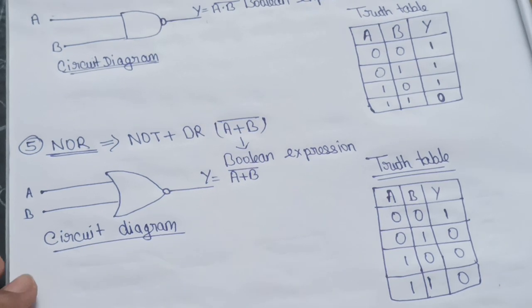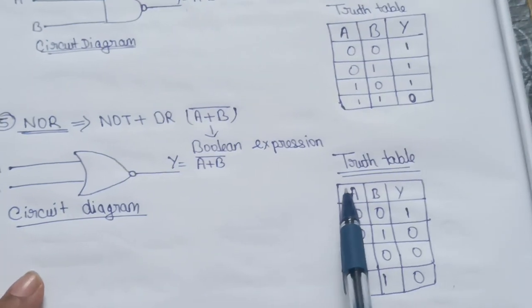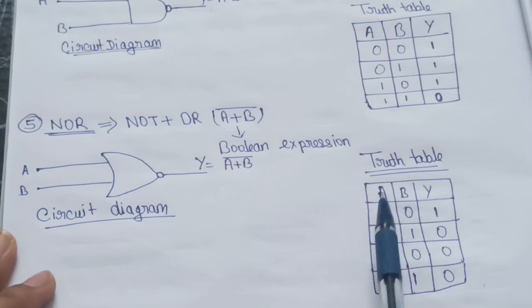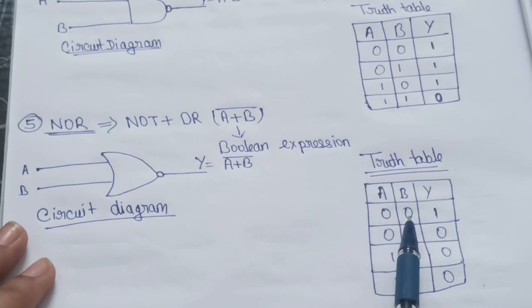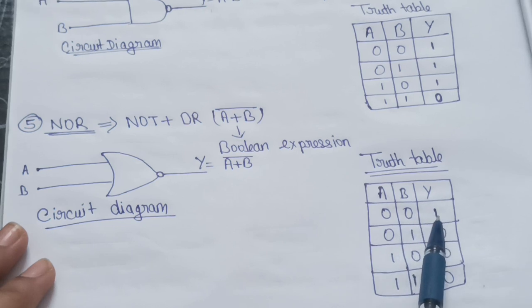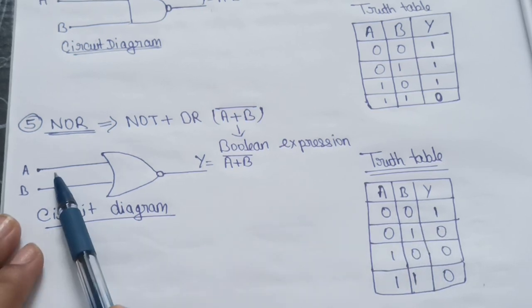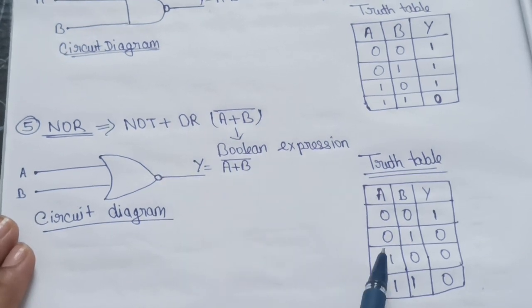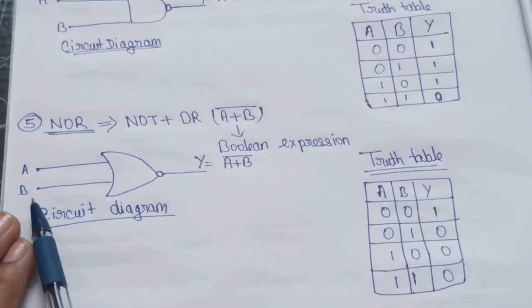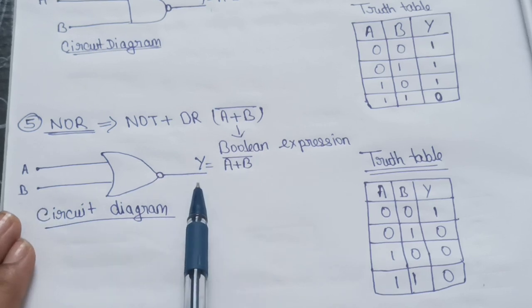Let's discuss the truth table. A and B are the inputs and Y is the output. So 0 0: A equals 0, B equals 0, then the output is 1. Suppose A equals 0, B equals 1, then the output is 0, and so on.